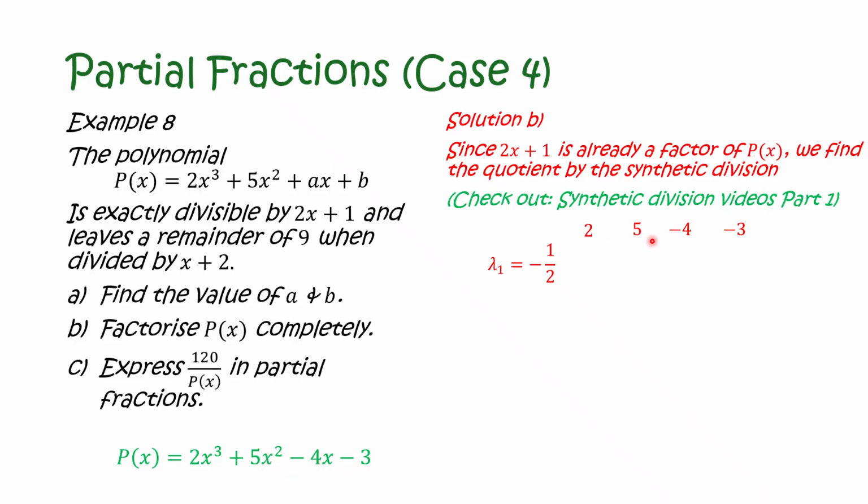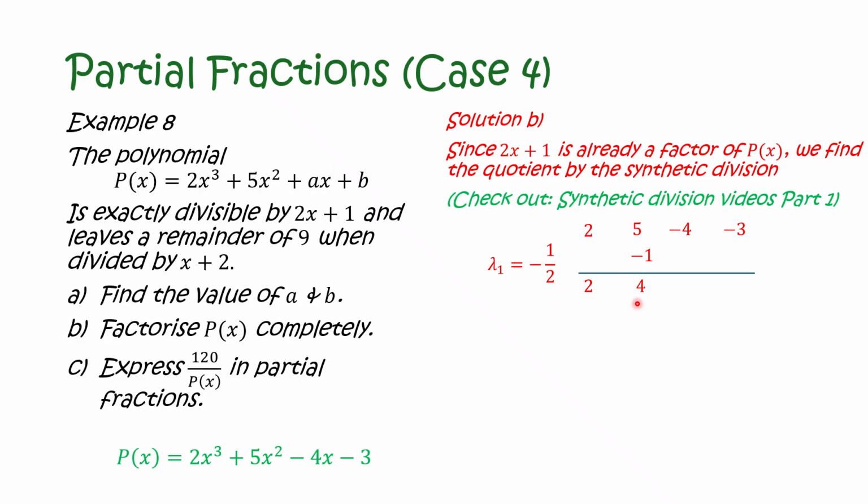So in this case, we are going to have the coefficients of the x terms being arranged in that manner: 2, 5, minus 4, minus 3. Then we have lambda 1, which was minus 1 over 2, which we obtained from the factor 2x plus 1.